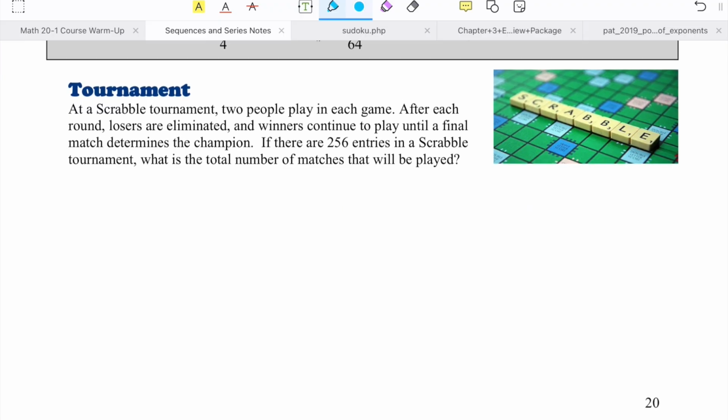Okay. So a word problem is given to us. At a Scrabble tournament, 2 people play in each game. After each round, losers are eliminated and winners continue to play until a final match determines the champion. If there are 256 entries in a Scrabble tournament, what is the total number of matches that will be played?